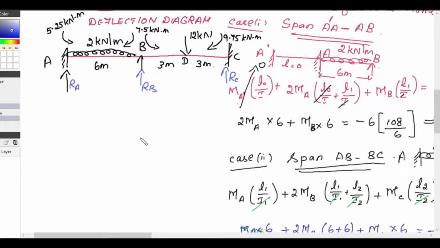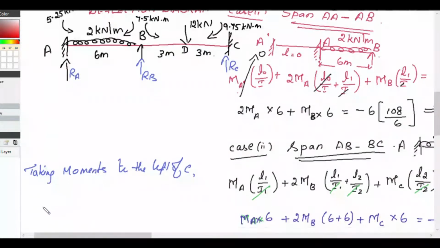We will give some space for drawing the shear force diagram here. So, taking the moments to the left of C, what we get is RA into 12.